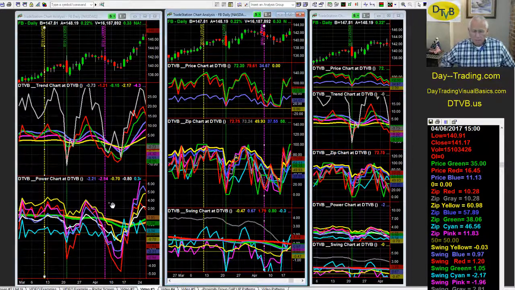It happens, it's much more powerful on the power chart and the swing chart and the zip chart. The zip obviously crosses 50, not the 0, than it is on the trend chart. On the trend chart, when the 3 trio lines cross over the indicator, that doesn't make a difference.